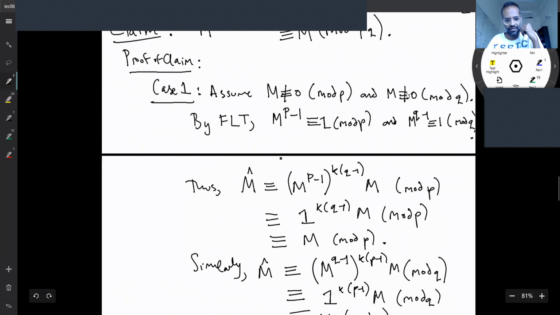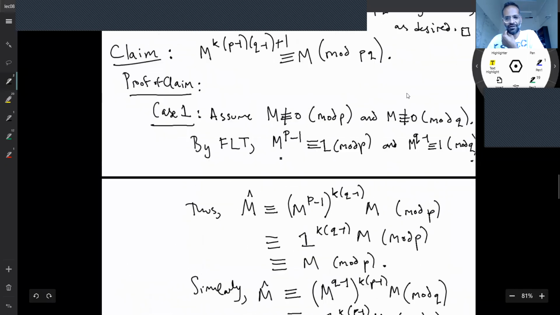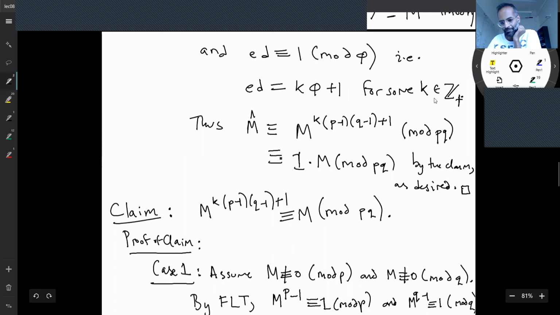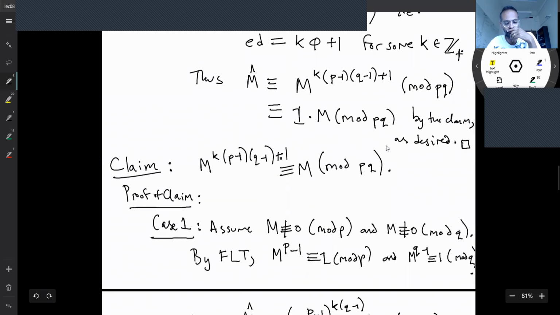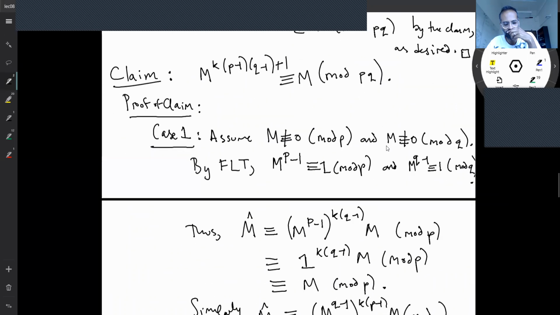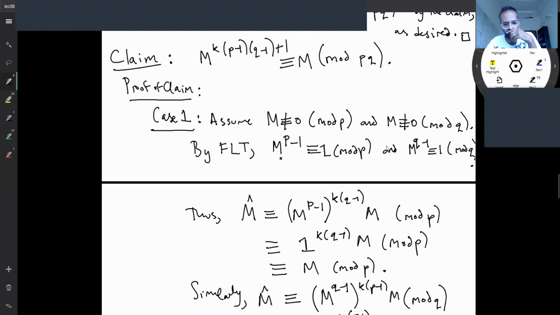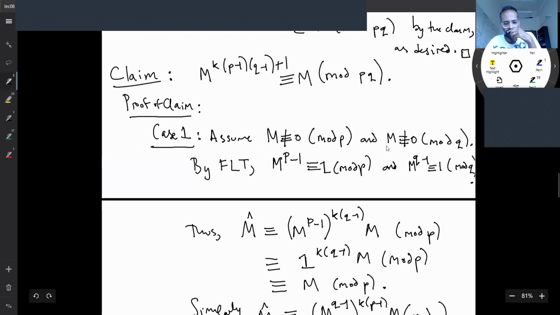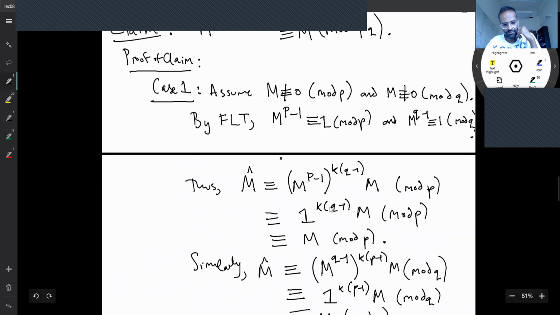So any questions about the proof of this? Oh, so by the way, why was I getting annoyed about k being positive? Does anybody have a sense of why I might be bothered by that? Yeah, if k isn't positive, then m raised to the power of k to the everything might not be an integer.